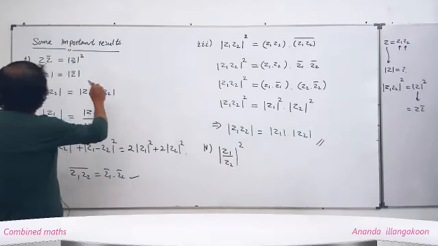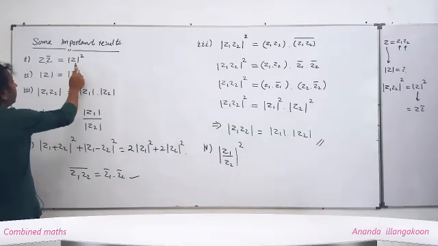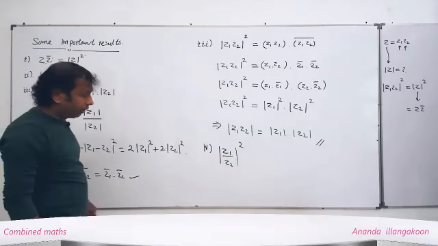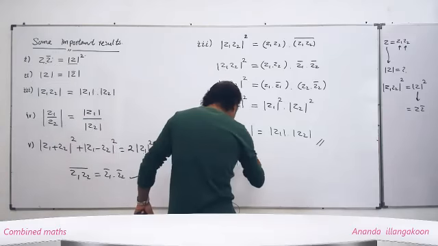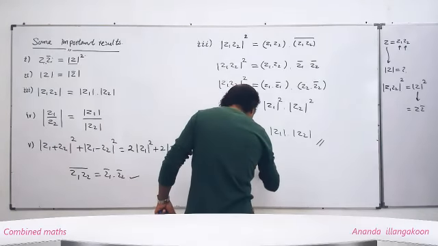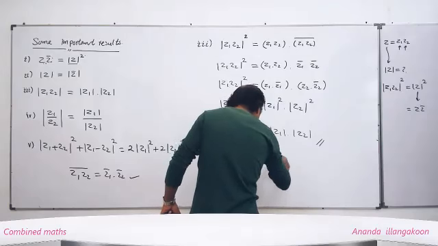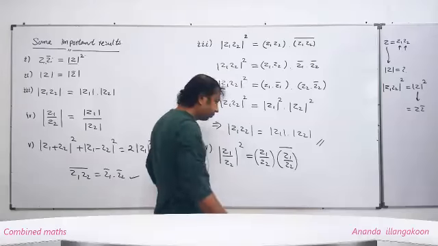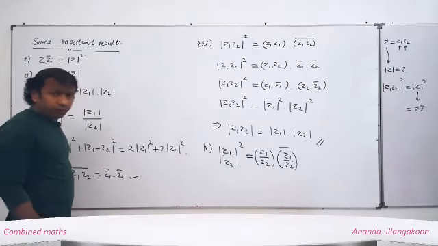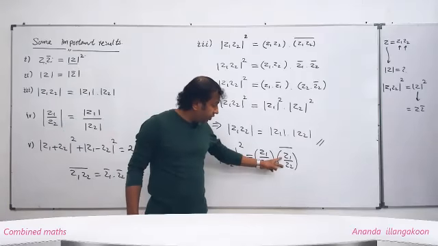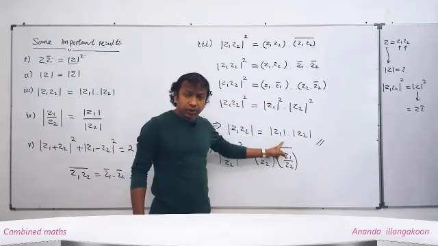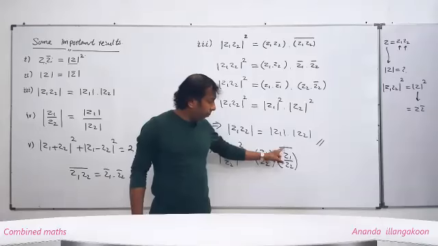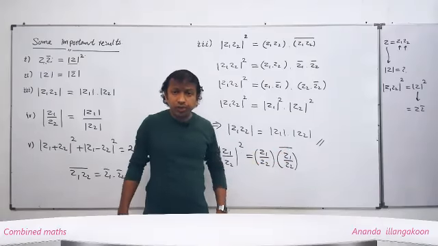But we know the modulus squared of a complex number is really that complex number into its conjugate. Then you can write here Z1 divided by Z2, the complex number, multiplied by its conjugate. Now in the early part, we noticed that when we have a division this way, its conjugate can be written by applying the conjugate to the numerator and denominator separately.